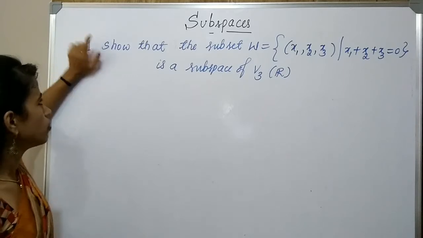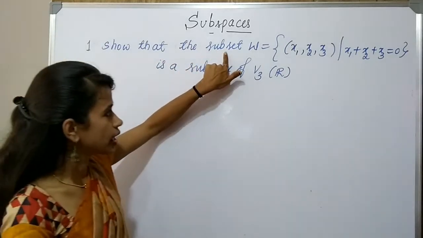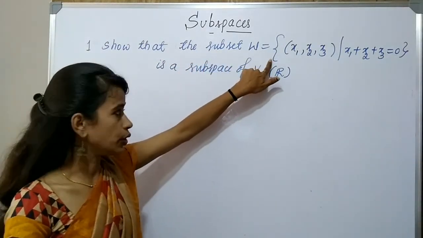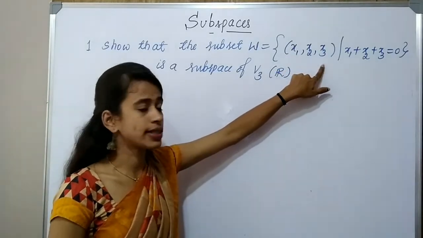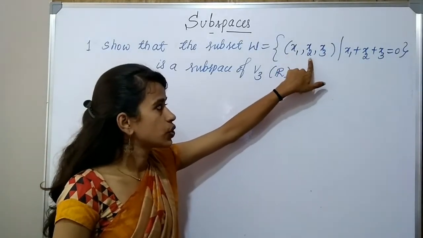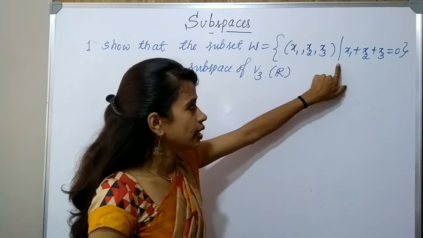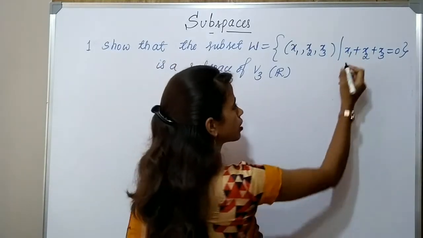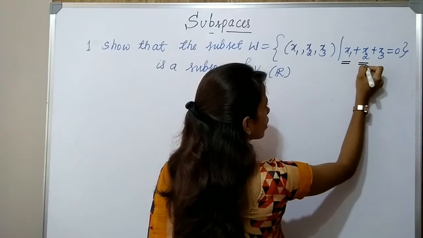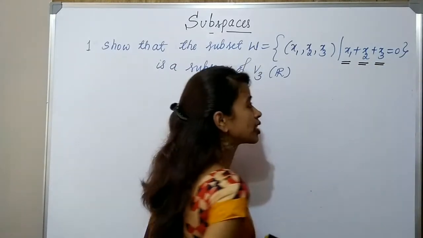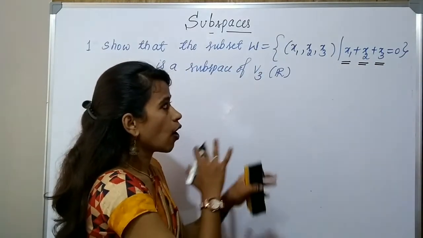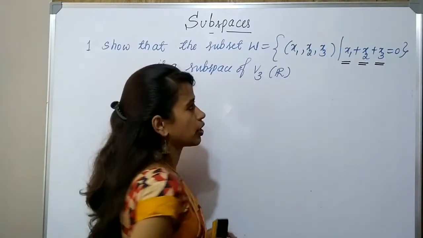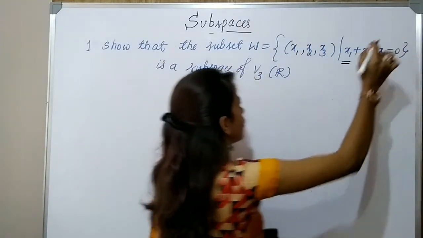So first problem, show that the subset W is equal to the collection of triplets (x1, x2, x3) such that x1 plus x2 plus x3, that is, the sum of the first, second and third coordinates of the triplet, is equal to 0.